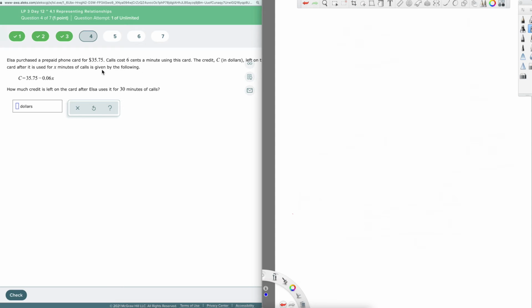So now how much is left on the card if she calls for 30 minutes? So I have C equals, here's my original $35.75, minus 6 cents per minute. But now we know she's already used 30 minutes here, so we're going to need to multiply this together. So we're going to have 6 times 30.